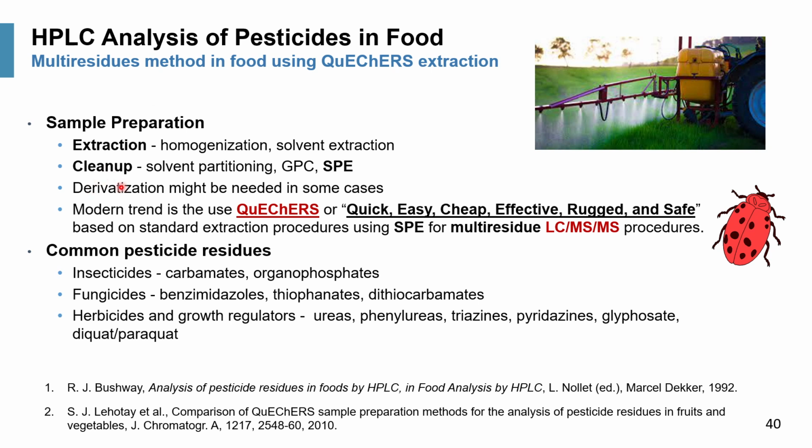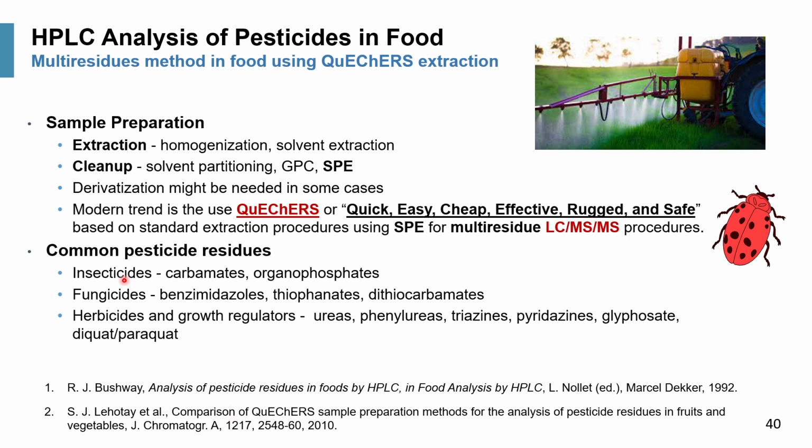So sample preparation for foodstuff is typically extraction, such as homogenization, solvent extraction, cleanup by solid phase extraction, SPE. Derivatization may be needed in some cases. The modern trend is to use the QuEChERS technique, which stands for quick, easy, cheap, effective, rugged, and safe. These are typically SPE-type products for multi-residue LC triple quad procedures.